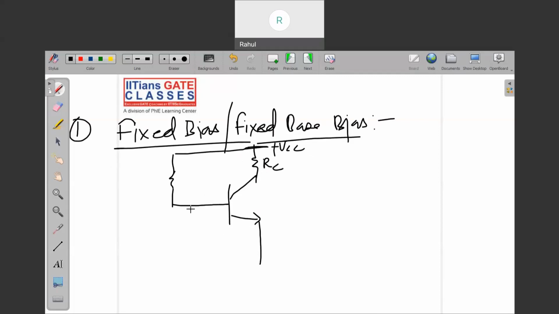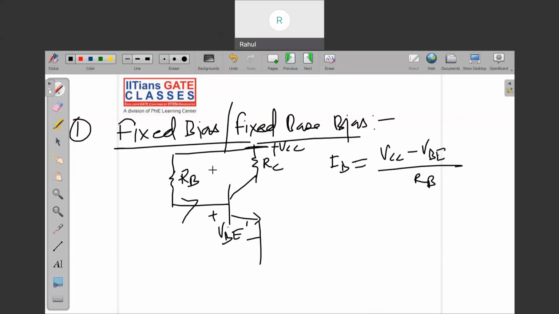Now this IB is fixed because VCC and this VBE of 0.7 volt are fixed, if there is no temperature variation. If there is a temperature variation, this 0.7 will also vary. So forget about the 0.7, just write VBE, and this is RB. You can compute IB directly: IB will be equal to VCC minus VBE divided by RB.